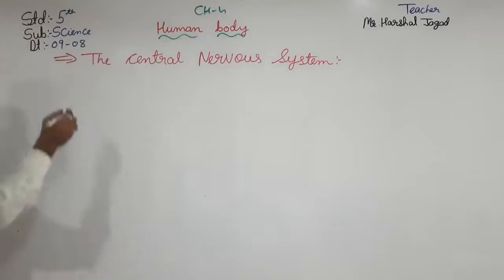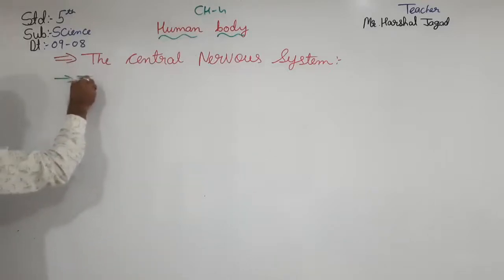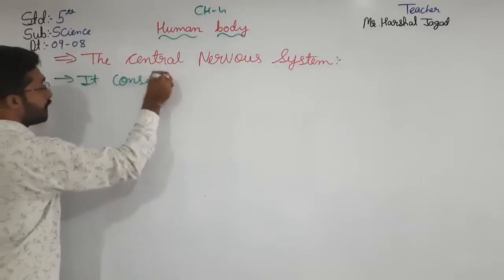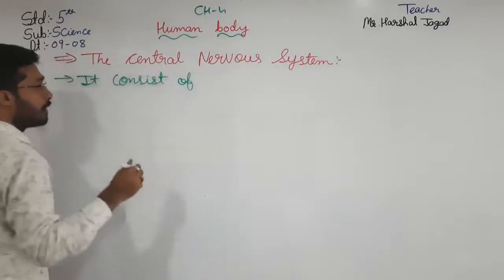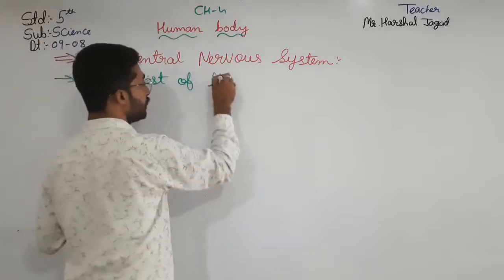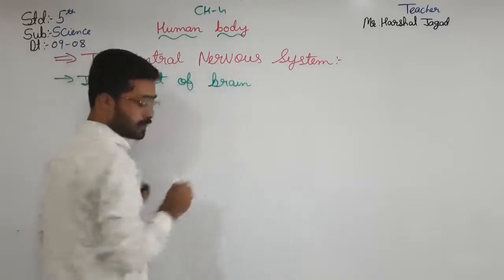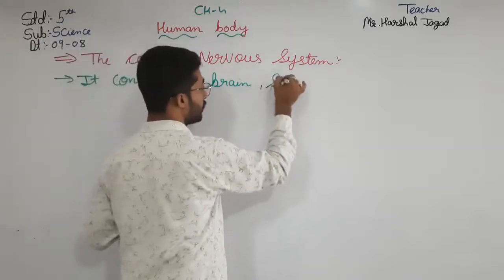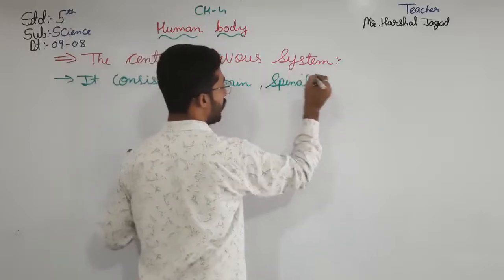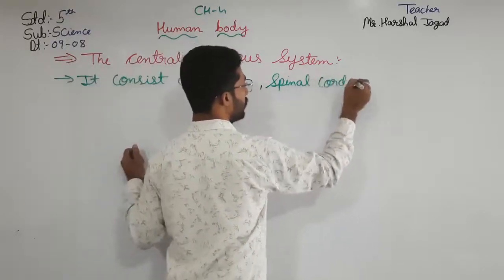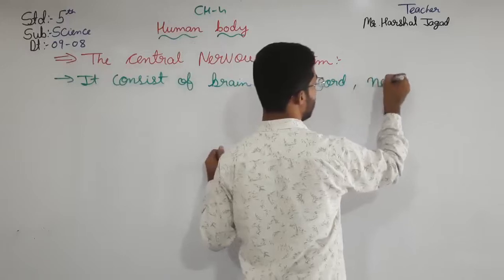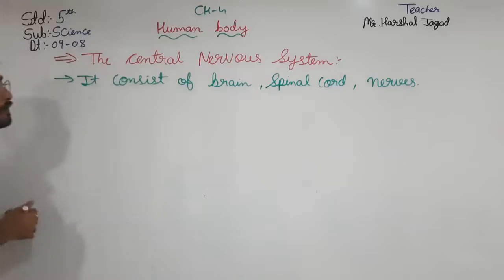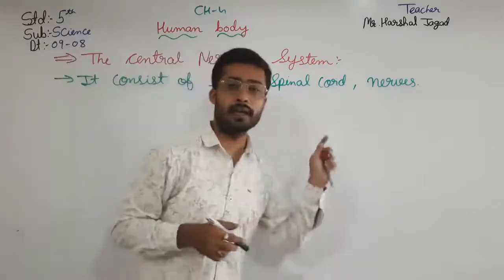It consists of brain, spine, spinal cord and nerves. Okay, it consists of brain, spinal cord and nerves.